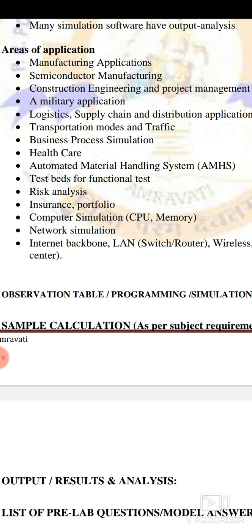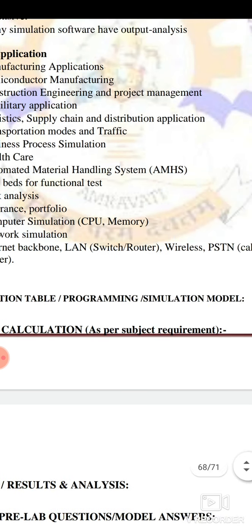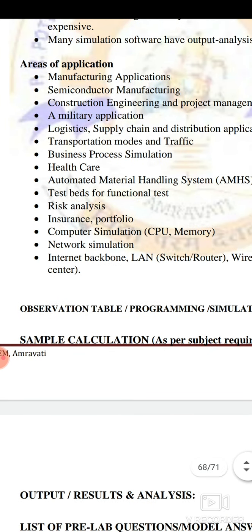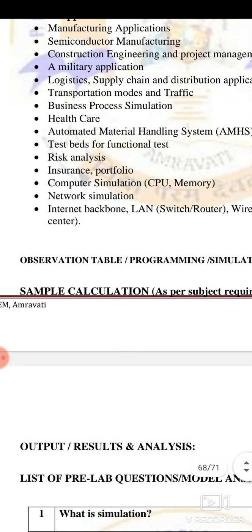The next one is areas of application. We already know it: you name anything and simulation is applicable there if you want to go for it, such as manufacturing applications, semiconductor manufacturing, construction, engineering and project management, military application, logistics, transportation, healthcare, automated test beds, functional test beds, risk analysis, and so on.